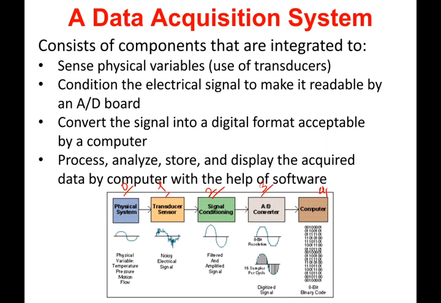Right? In the modern age of computers, we don't want to do that anymore. So instead of acquiring data by hand, you will acquire them by the computer. And this is the process you have to go through to be able to read the data by a computer. Okay.